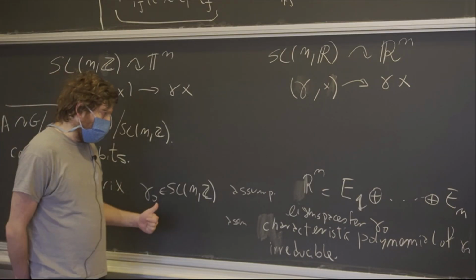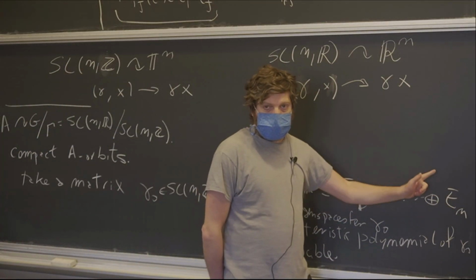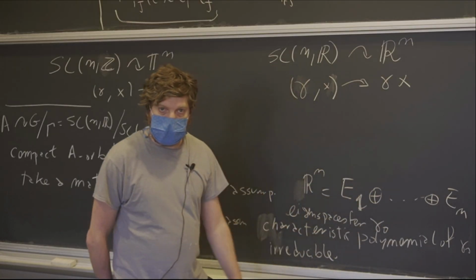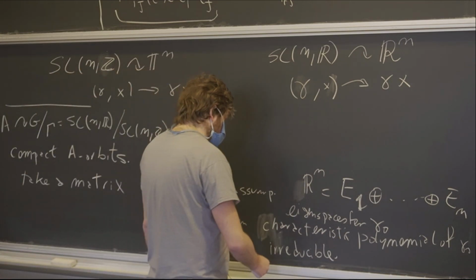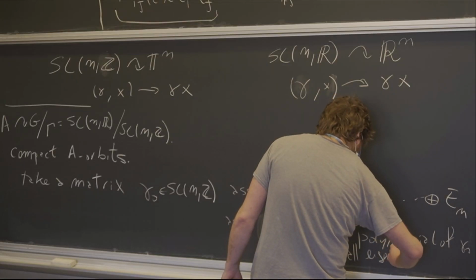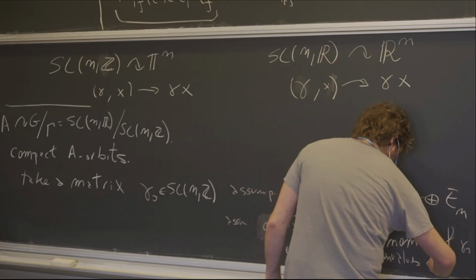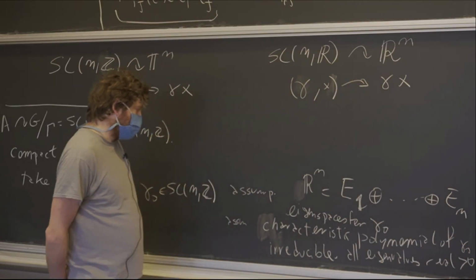This automatically will tell me that all the eigenvalues are different, because if you have repeated eigenvalues, then the characteristic polynomial is reducible. That's a nice exercise if you never did it. Beautiful exercise, actually. And the last assumption I will make is to assume that all eigenvalues are positive, so real and positive. That's it.